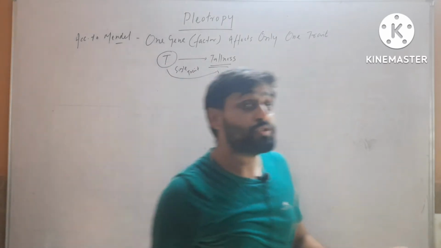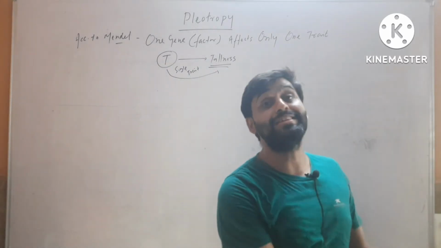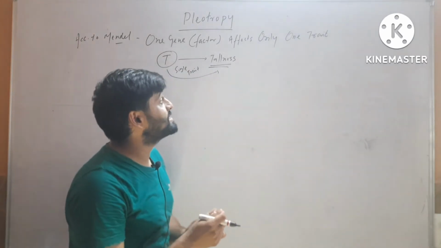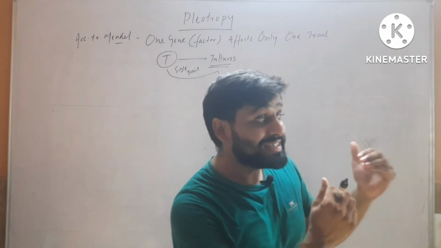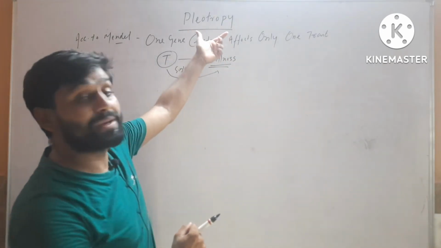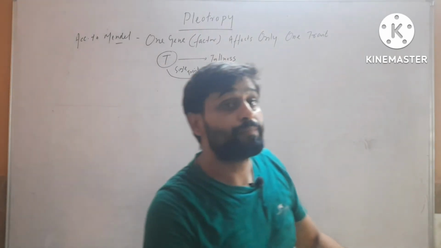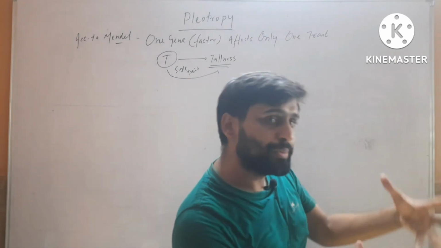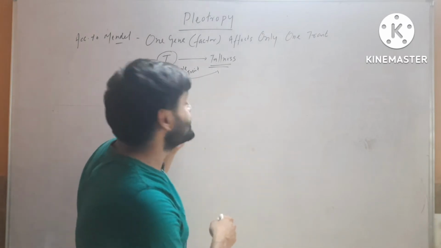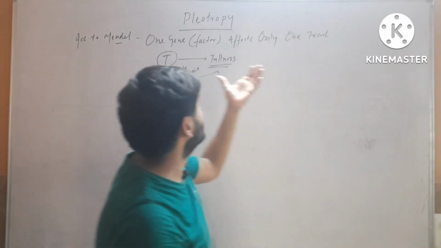But this is not true for all genes. Some genes affect more than one trait. And these genes are called pleiotropic genes, and the phenomenon in which one gene affects more than one trait is called pleiotropy.